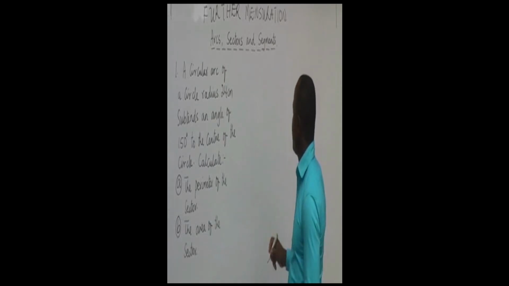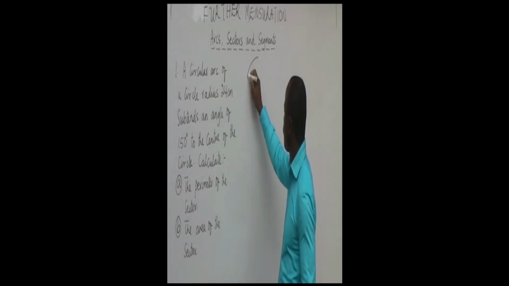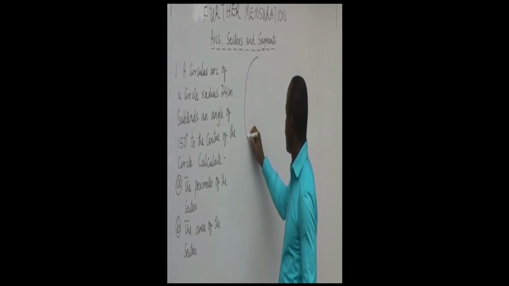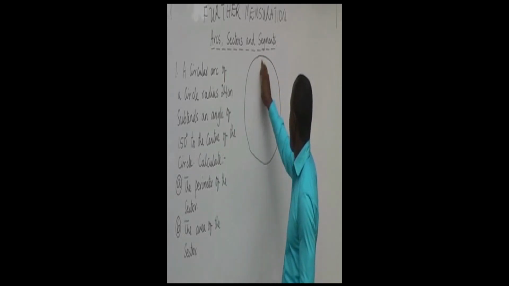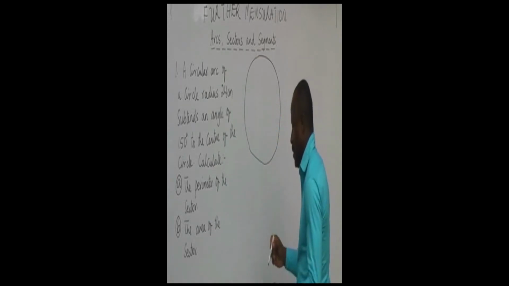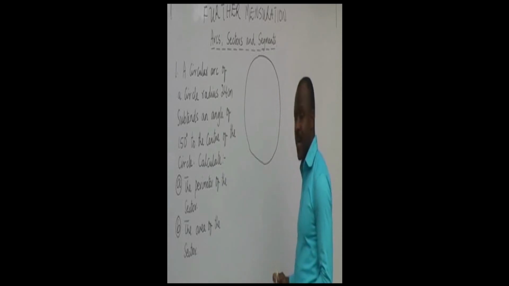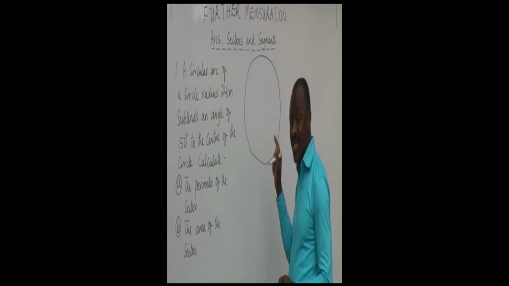Let's assume that this is the circle. I have to manage whatever I draw, the way I draw it. You can see it dancing, but it doesn't matter. Pay attention to the illustration I want to show from it.